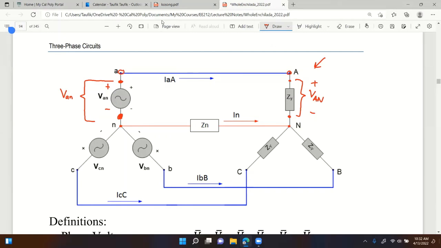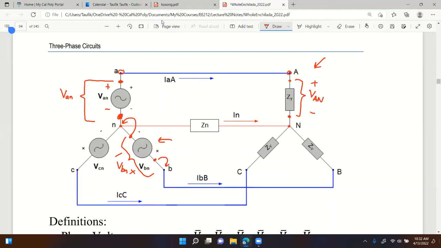If you look at phase B, which is right here, we can see that we have another phase voltage, which appears across phase B, from here to here. So the plus is right here, the minus is right there. So I call this VBN lowercase. Why? Because that node right here is the same as that node right here is the same as this node, right? So VBN.